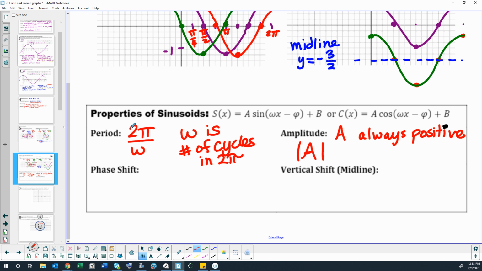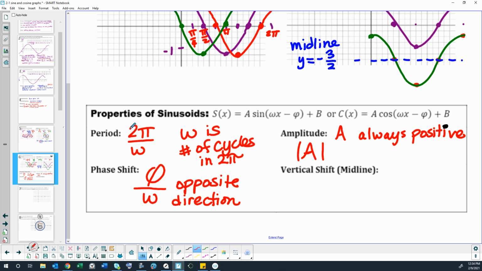But if omega is not 1, then the phase shift is actually going to be phi divided by omega. And it's going to go the opposite direction, right? So notice how those have negatives in there. That's to help us indicate it goes the opposite direction. So maybe make a note to yourself that it goes the opposite direction of the sign, just like we're used to with H.